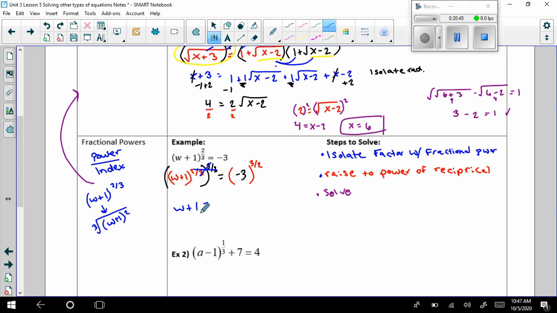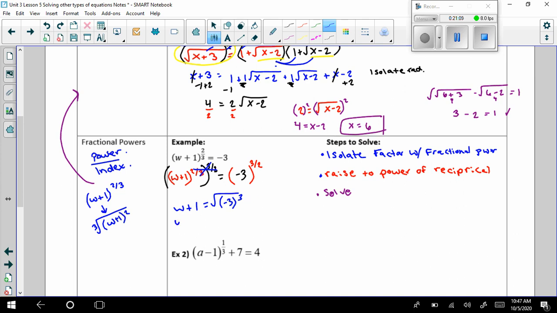and again, I'm raising this, remember, power over index, so I'm taking the square root of -3 cubed. All right, this isn't a great first example because it's negative underneath the radical here.